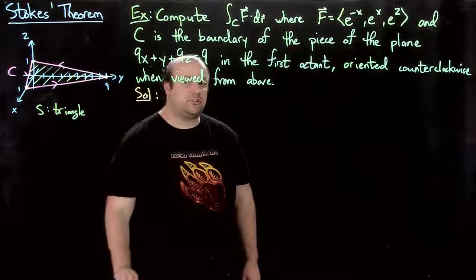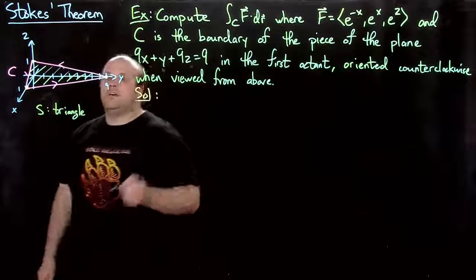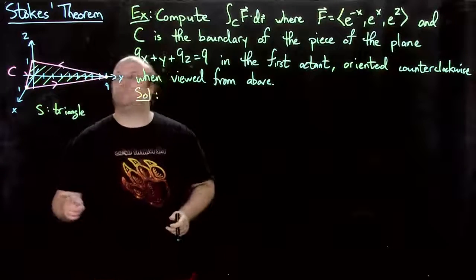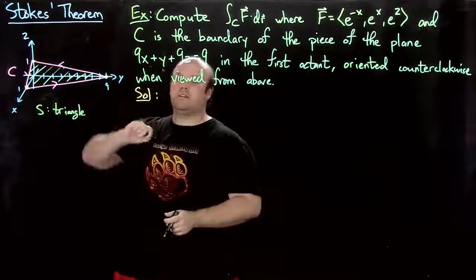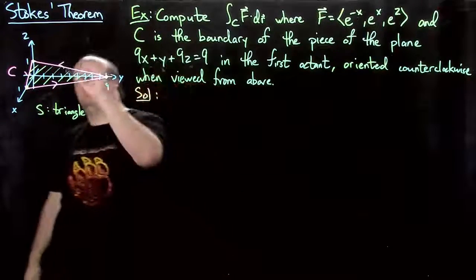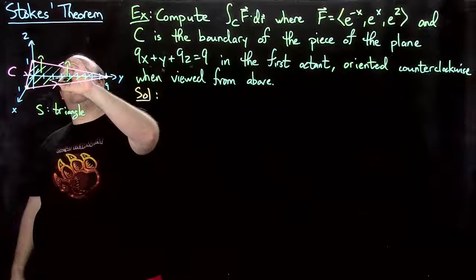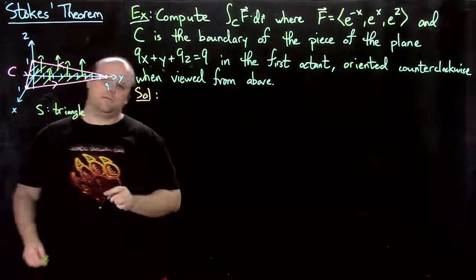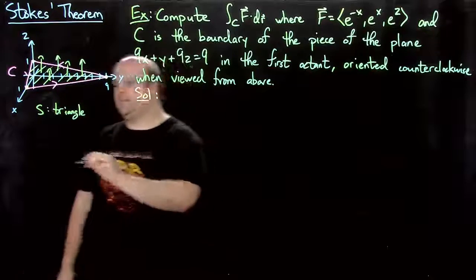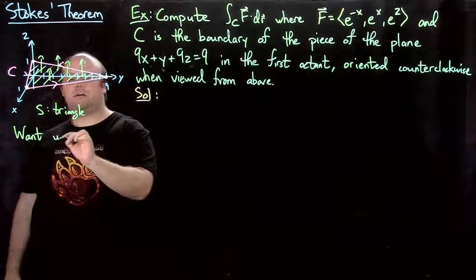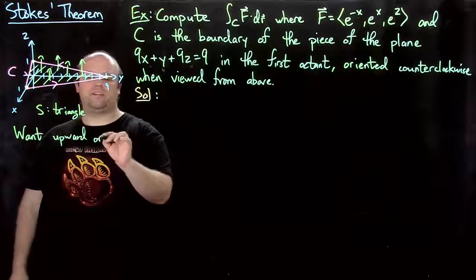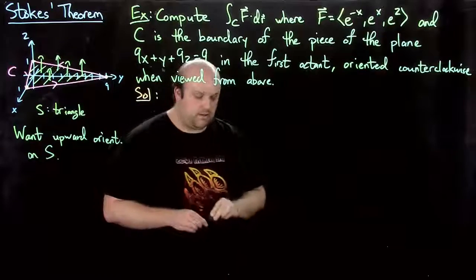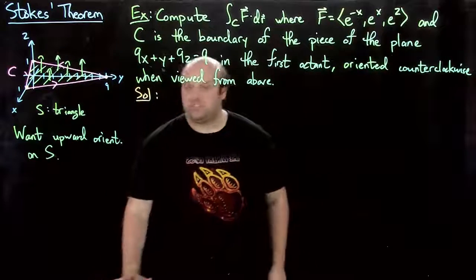Hopefully you're thinking it should be upward pointing, because if we walk around this boundary with our head pointing in the positive z direction, then the surface will always be on our left. So we want an upward orientation on S.